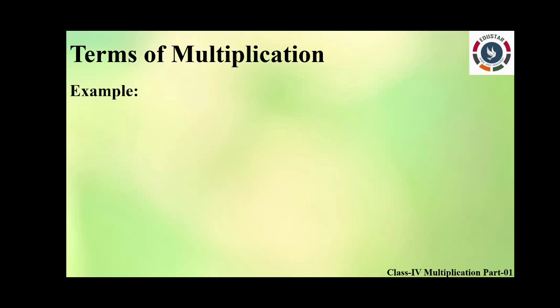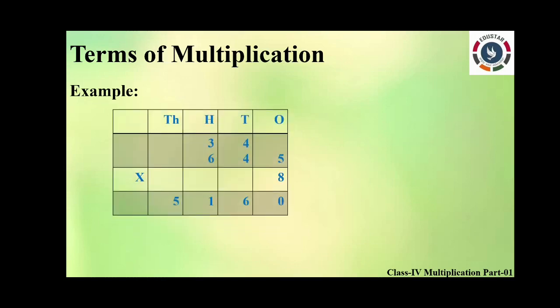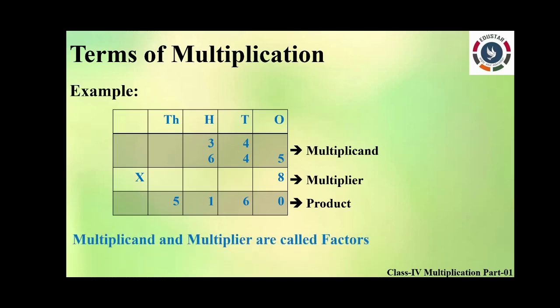Look at this example. 645 is called multiplicand. 8 is the multiplier. The result 5160 is the product. The multiplicand and multiplier are also called factors. So, in this example, 645 and 8 are the factors.